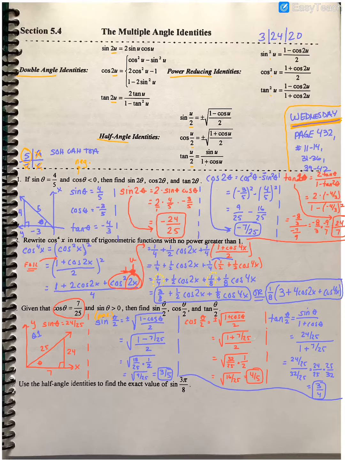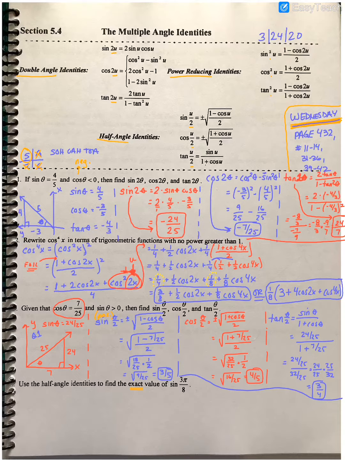Now, I do remember you have this one to work on homework. Notice it says exact. Exact means I do not want the decimal answer the calculator spits out, but I want an exact answer. It means it has fractions, it probably has square roots in it since we're working with trig functions. And that's where we're going to start.